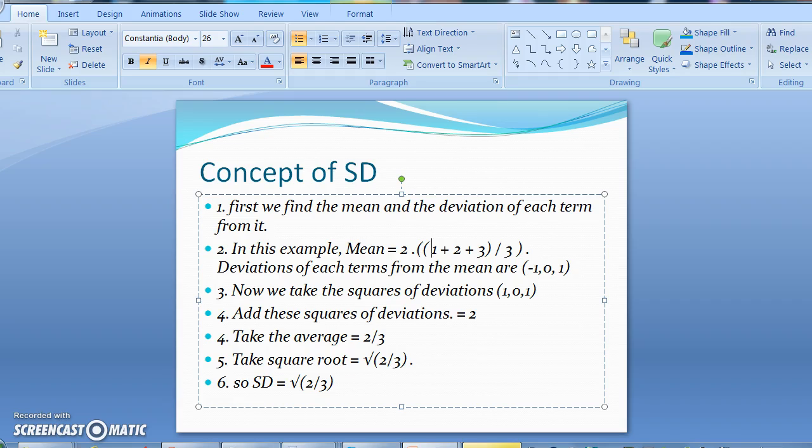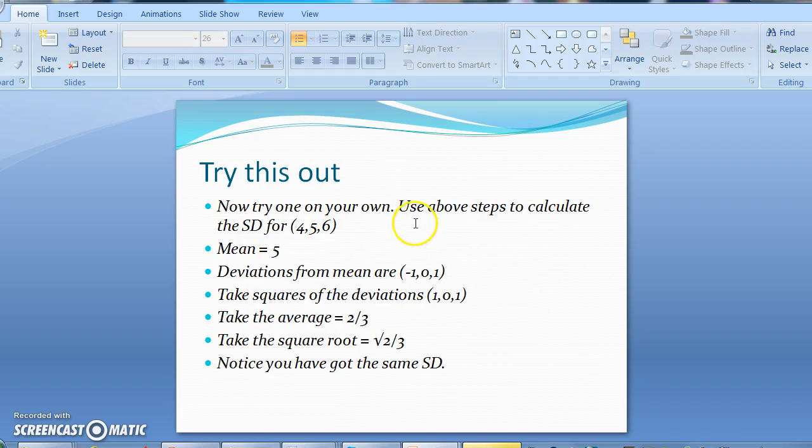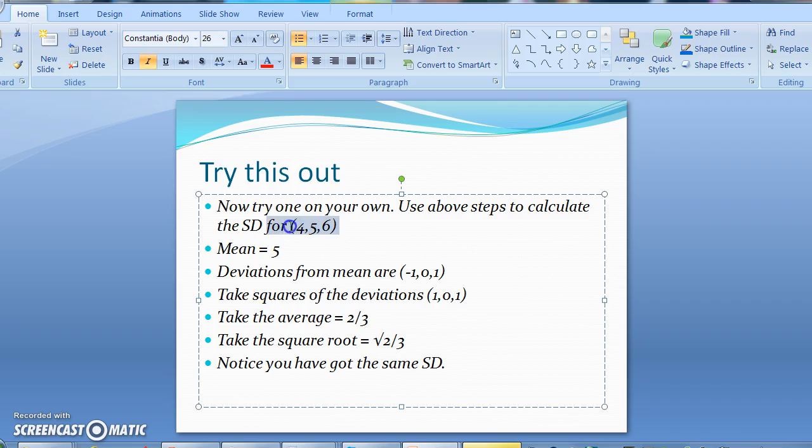Now just for practice, I want you to try one out. We have to find the SD of 4, 5, 6. Step 1, find the mean. Add all of them and divide by 3: 6 plus 4 is 10, 10 plus 5 is 15, and 15 by 3 is 5. So the mean is 5. Find the deviations from the mean. Again you have the same deviations: 6 is 1 away, 5 is 0 away, and 4 is minus 1.